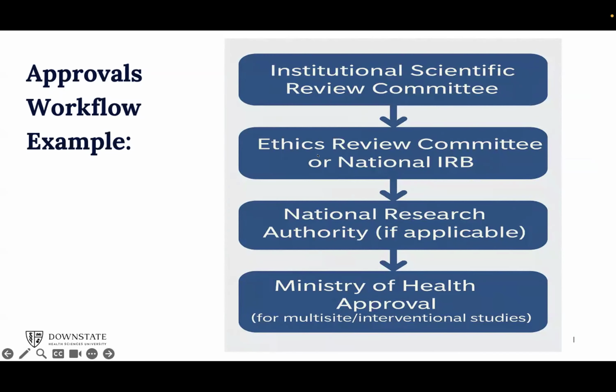However, if you're working with a multi-site study, then there might be a national IRB or a broader IRB, so you first get approval at your institution, and then approval at the overarching IRB.